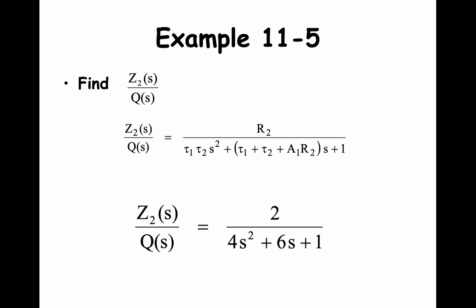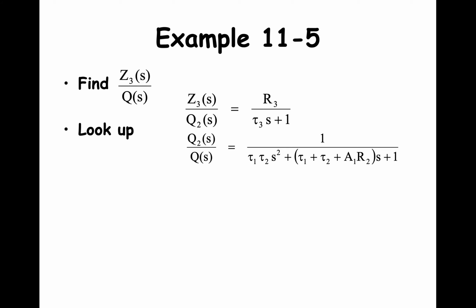There are no other steps necessary except substitute the values tau 1, tau 2, R1, and A1. After putting in the numbers, we get the transfer function for the fluid depth in tank 2 as Z2 over Q equals 2 over 4 times S squared plus 6 times S plus 1. That is the answer we need for this problem.